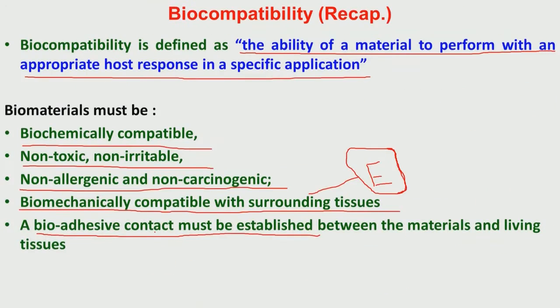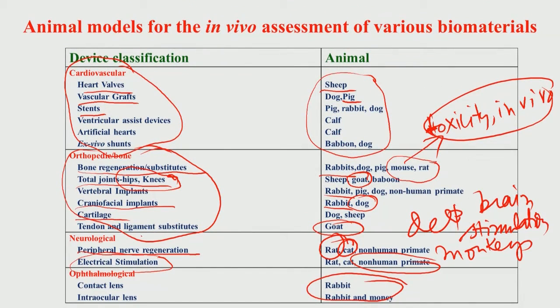Other things are important in terms of animal selection, that is, why certain animals are preferred over lower order animals. One general principle observed in preclinical testing is that if a small animal model can serve your purpose, you should use the small animal model over a large animal model. That is point number 1.